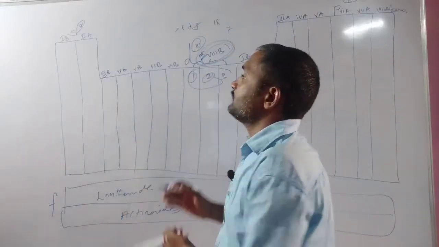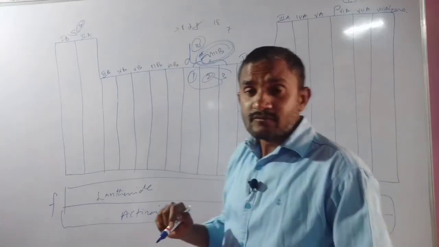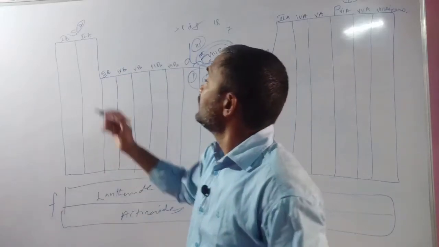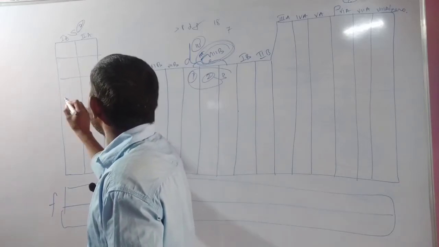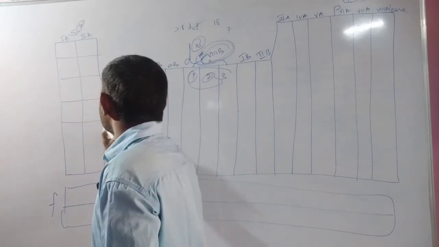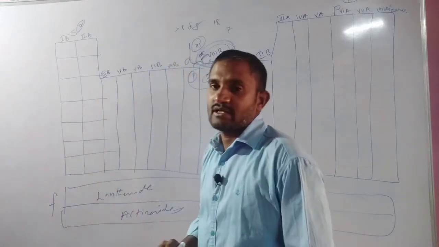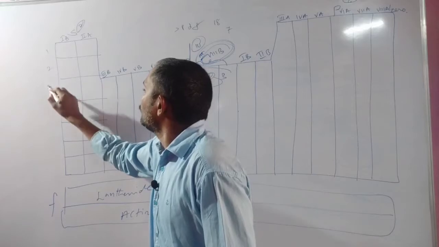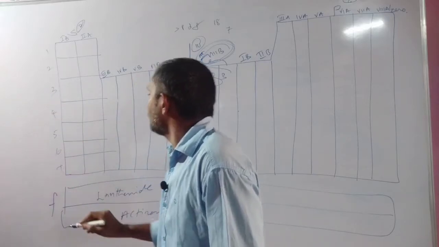This is an arrangement of the elements into the groups. How many periods did I tell? 7 periods are there. For example, first period, second period, third period, fourth period, fifth period, sixth period and seventh period. 1, 2, 3, 4, 5, 6, 7 periods are there.